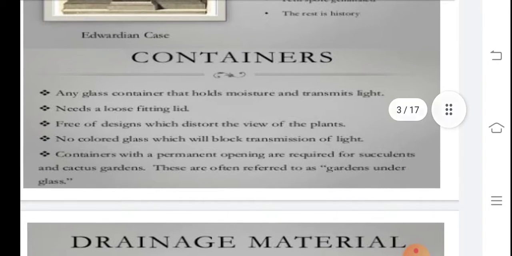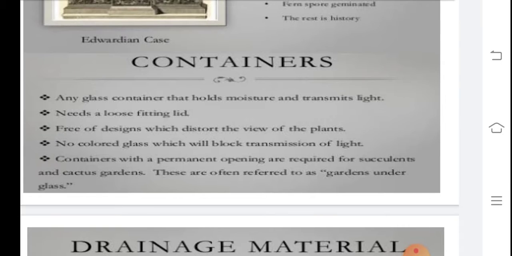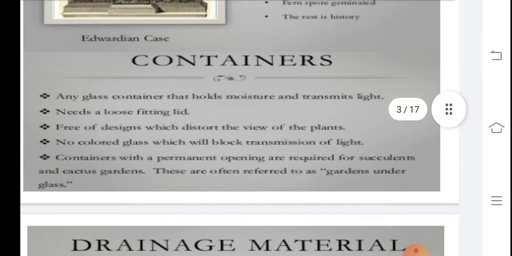Any glass container they used firstly holds the moisture and transmits the light. It needs a loose fitting lid, and a free design, which generally gives the hue to the plant. As glass is transparent, it is observed very nicely.